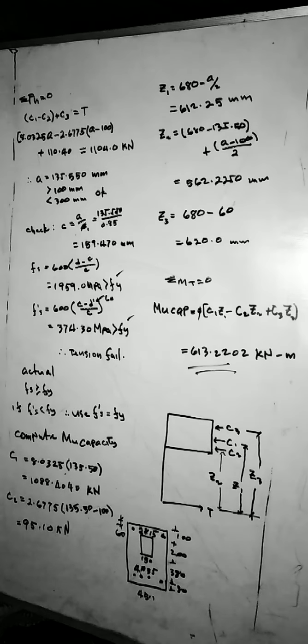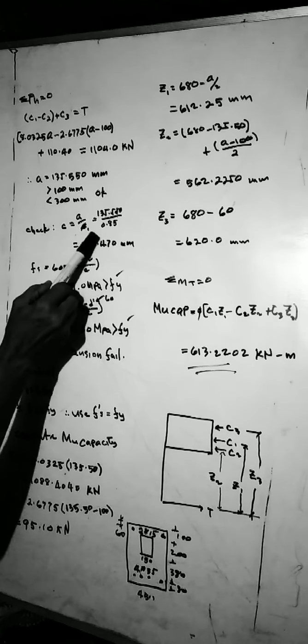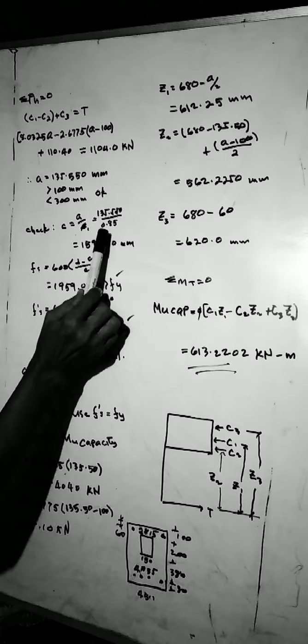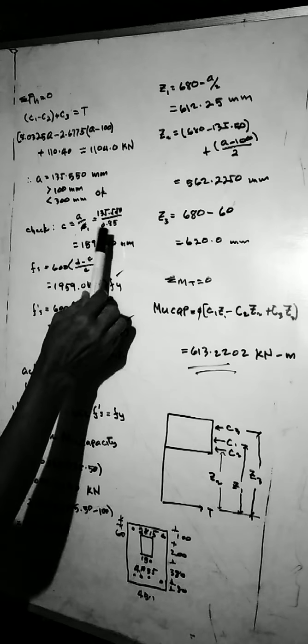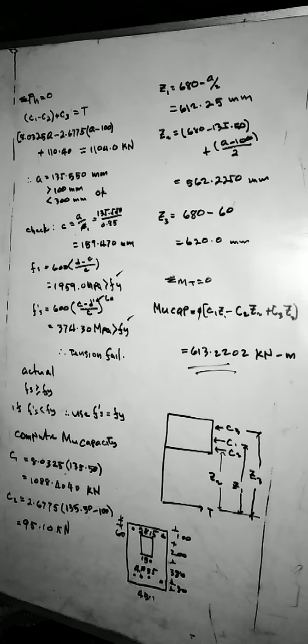Next is to check the section for the failure condition. We assumed it is a tension failure, so let us check. c is equal to a divided by beta sub 1, where beta sub 1 is 0.85 because f'c is less than 30 megapascals.